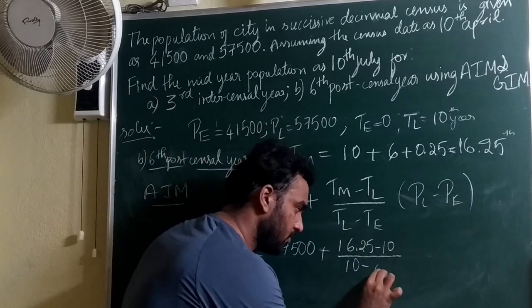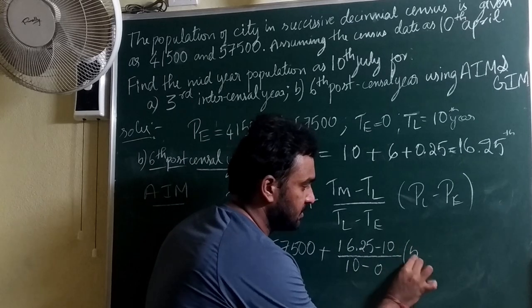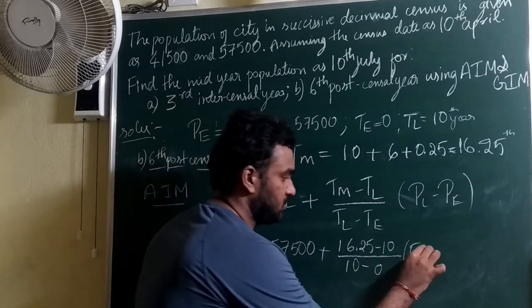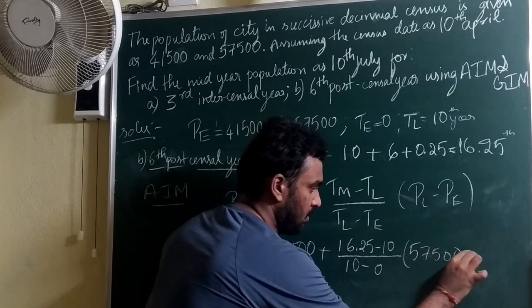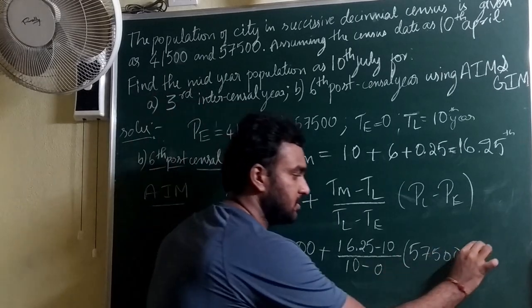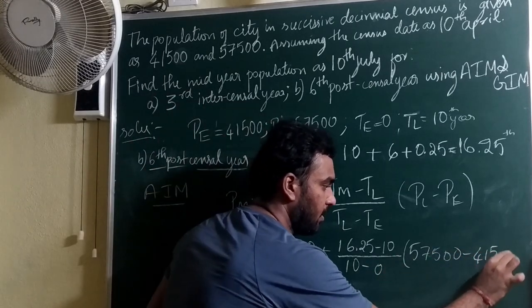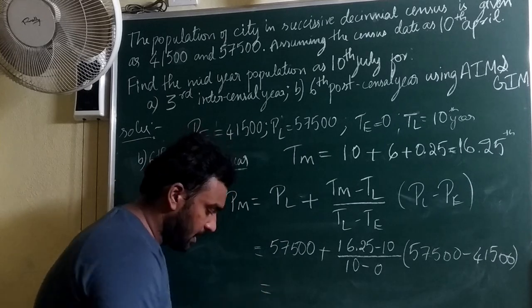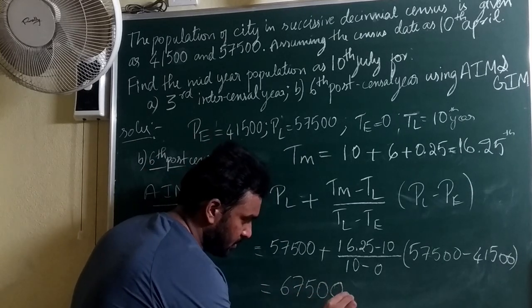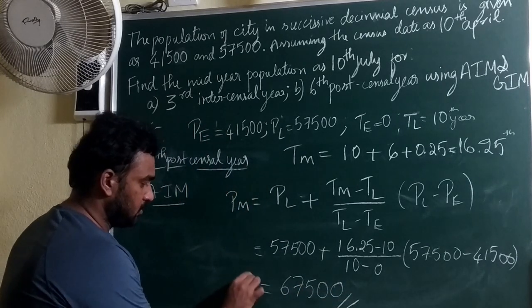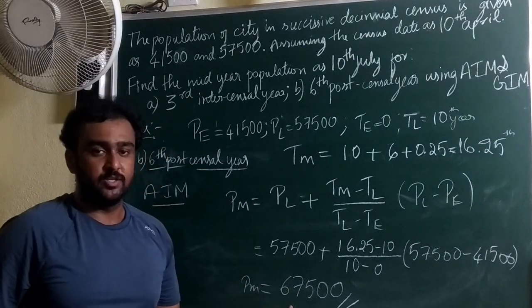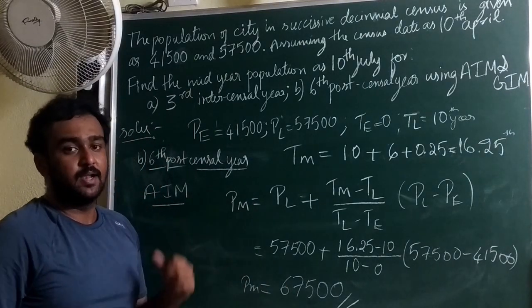TE is 0, we all know that. PL is 57,500 minus 41,500. So after calculating, this is the population which we will get considering the arithmetical increase method.